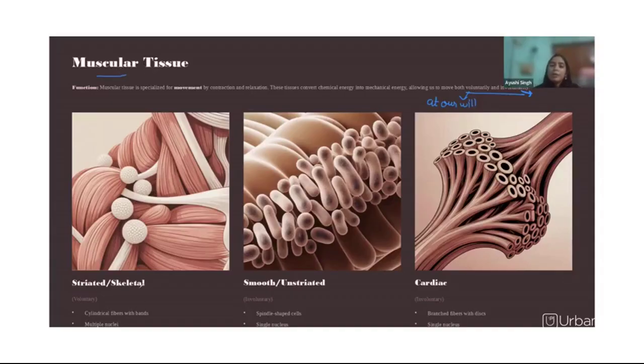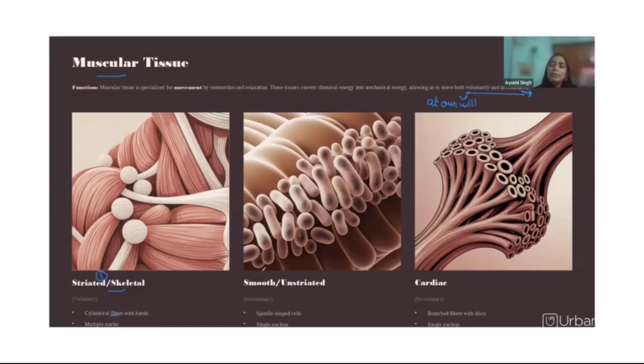Now there are three types. First is striated or skeletal muscles. These skeletal muscles have a lot of nuclei, and they are found in the arms and legs, because again, our arms and legs move a lot, so they need a lot of energy. Hence, multiple nuclei are there.